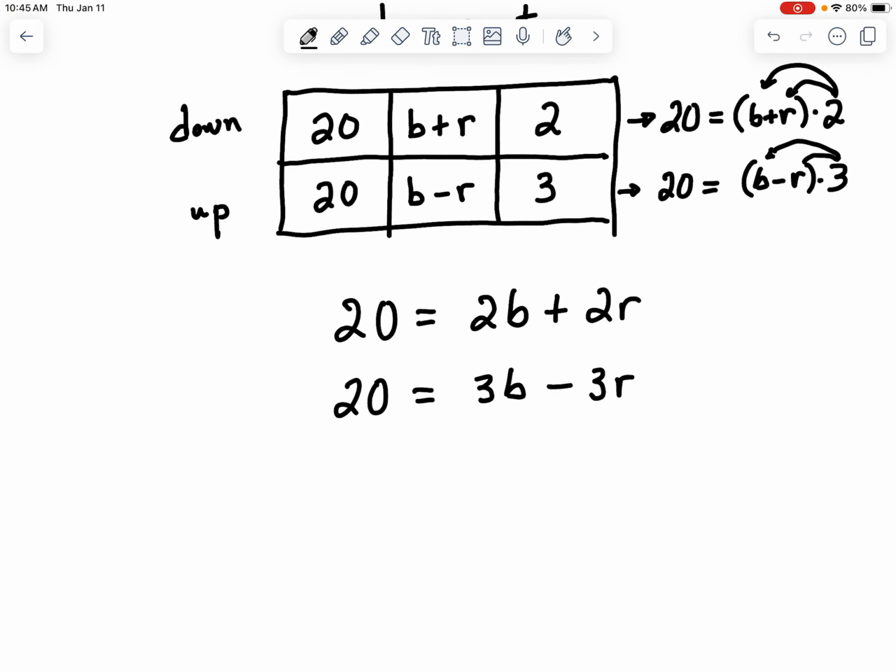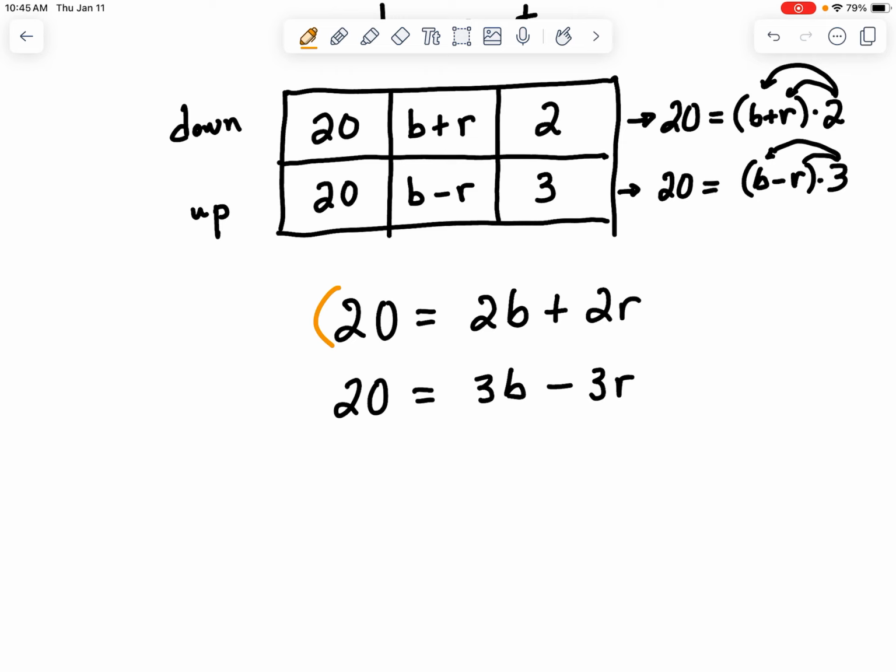And then what I think I want to do is use the elimination method. So if I can get this to become a positive 6, and I can get this to become a negative 6, then when I add the equations together, they will cancel out. So for that, I need an orange pen. To make this one become a 6, I'll need to multiply by 3.